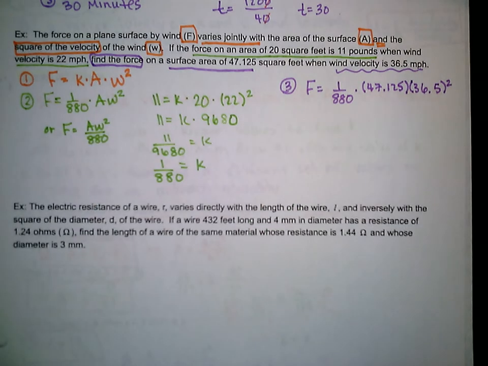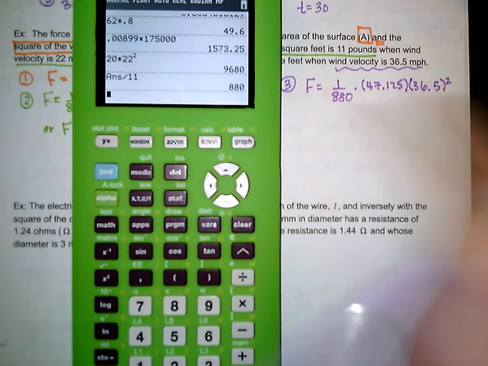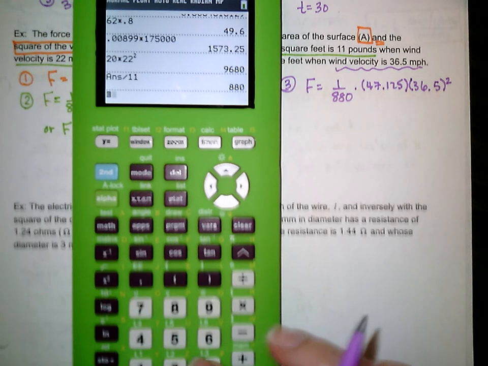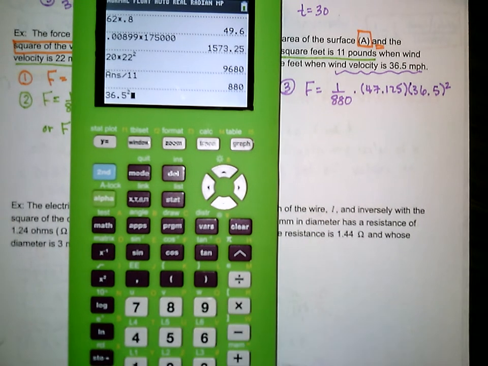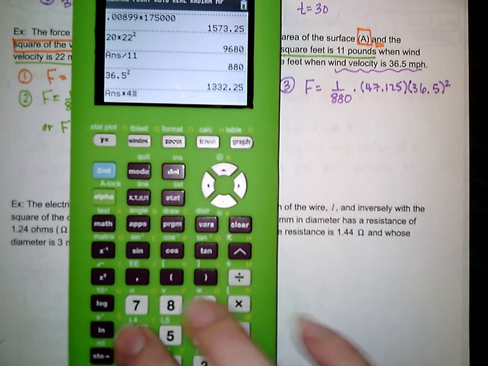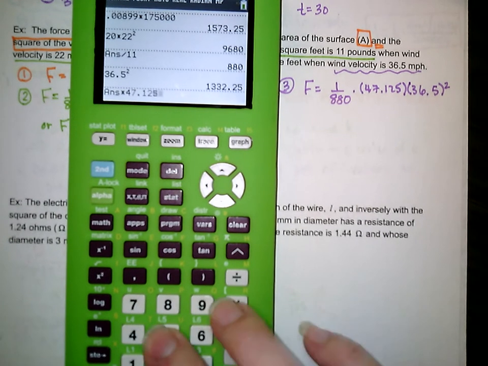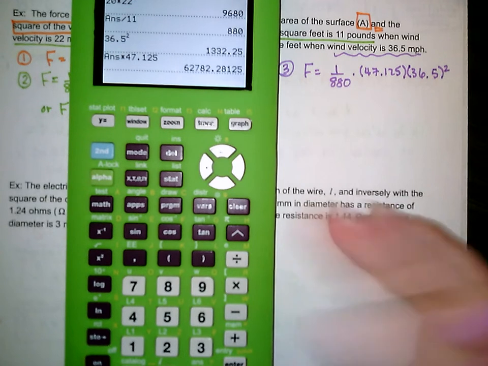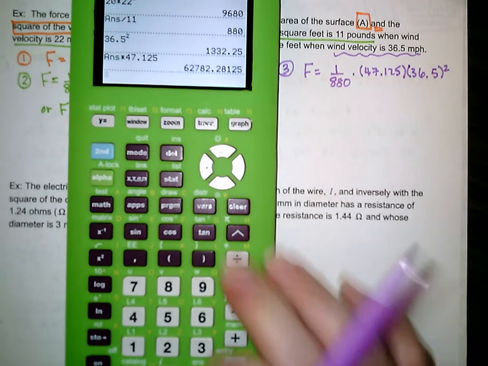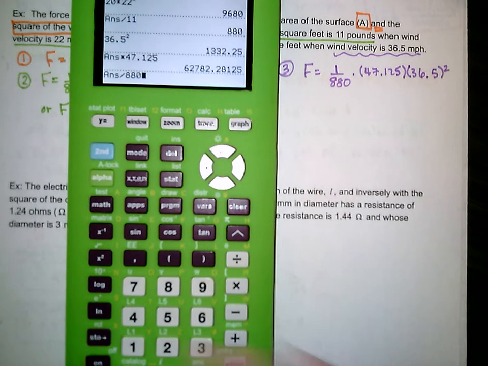And then this is just a calculator problem. So 36.5 squared times 47.125. And then multiplying by 1 over 880 is the same as dividing by 880.